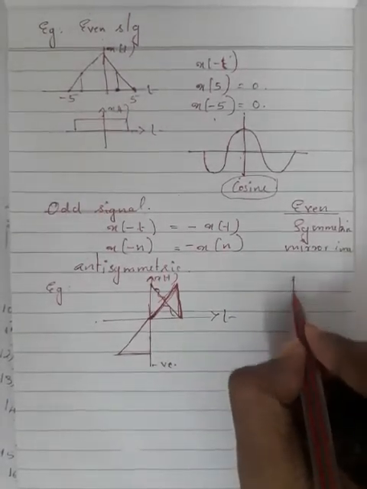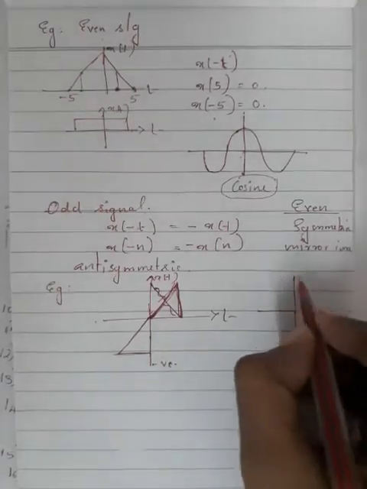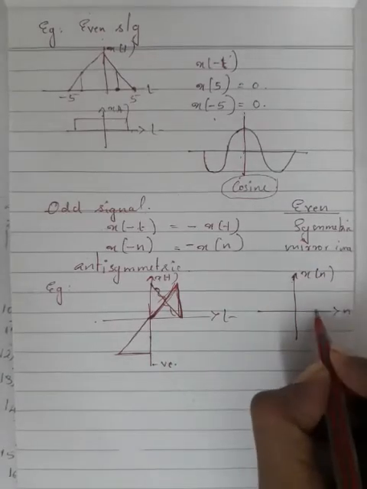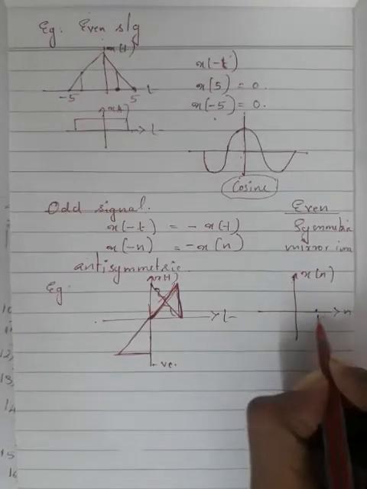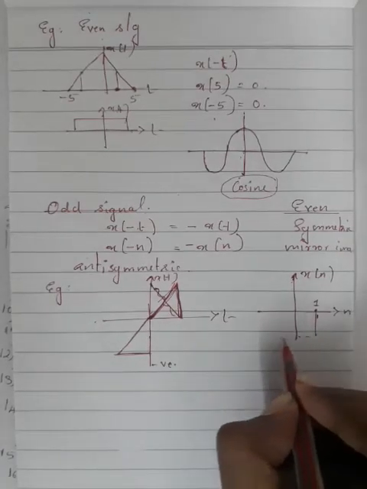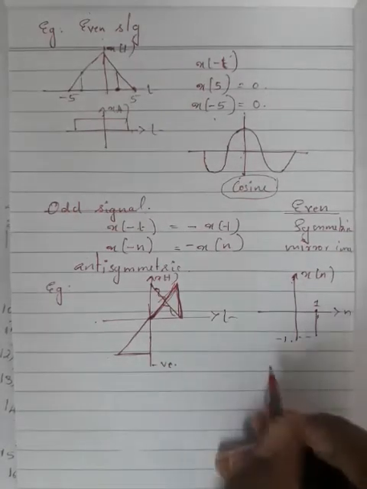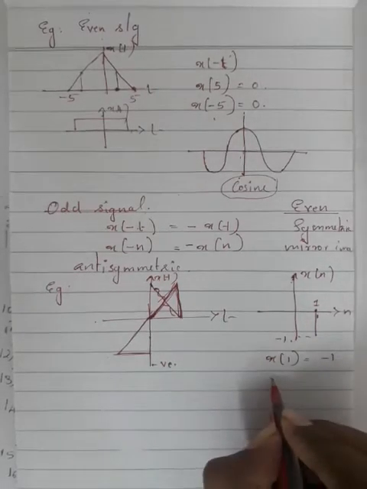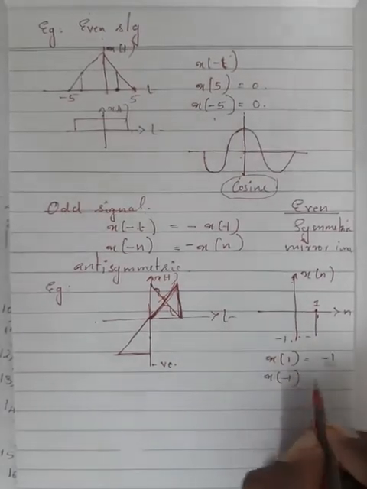Or we can see another example of x of n. For n equal to 1, its amplitude is minus 1. That is, x of 1 is equal to minus 1. Now let's see what is x of minus 1.